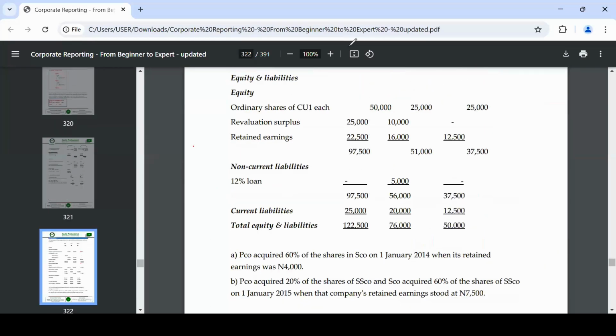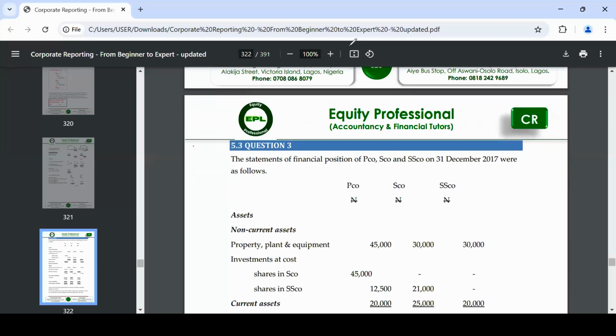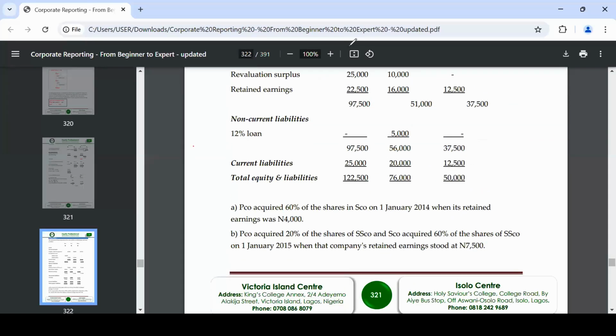Okay, it was the third one. It was question 3, where we said PICO had both direct and indirect. Okay, somebody used the chat box. All right, okay. I didn't see that earlier.